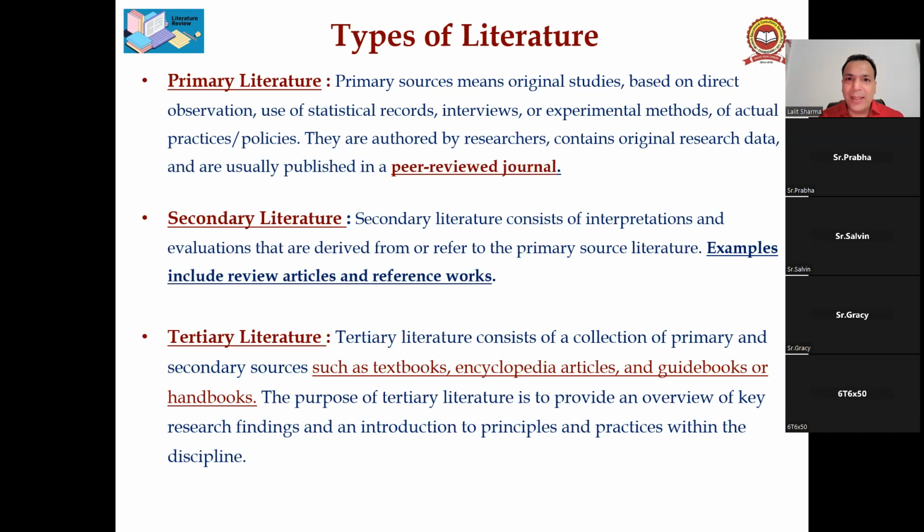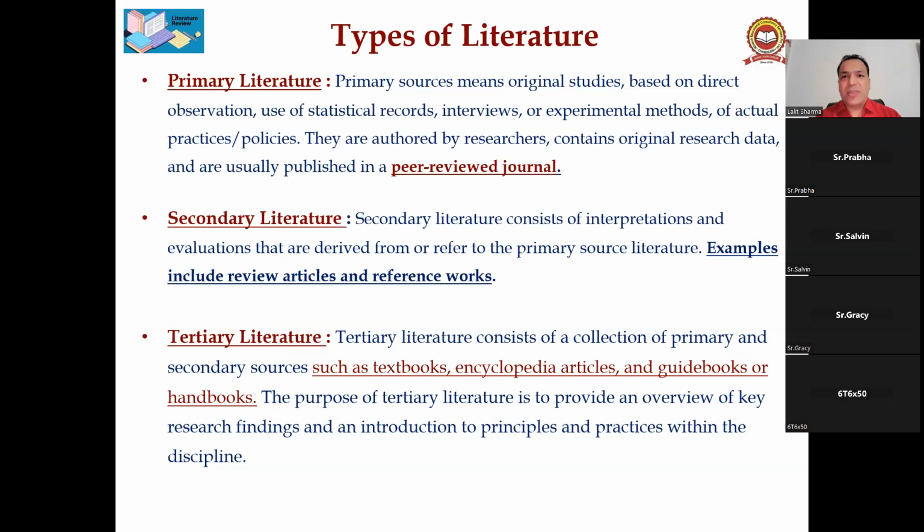Got the point, right? Primary sources means original studies. Original studies means original books written by Jesus Christ, written by Guru Nanak, written by any of the personalities. That becomes the primary literature. So you should have knowledge about this.